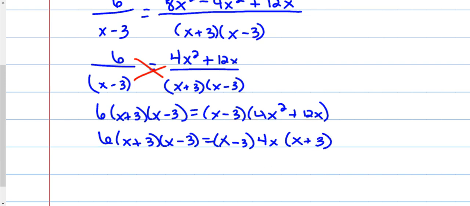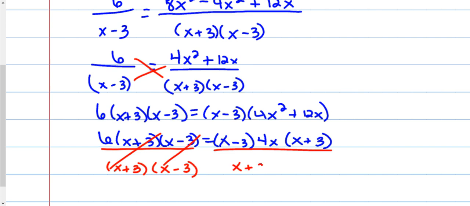So now, if I were to divide both sides by x plus 3 times x minus 3, this side would cancel, and x plus 3 times x minus 3. Well, there's my plus 3's, and there's my minus 3's. Do not do that unless they're both going to cancel, so look ahead and make sure it's going to work.